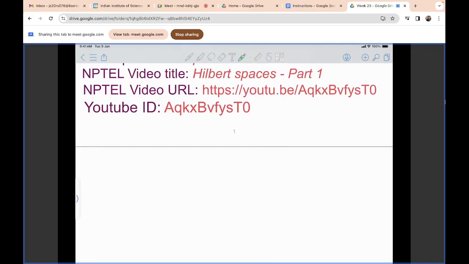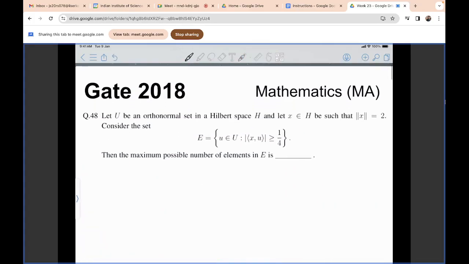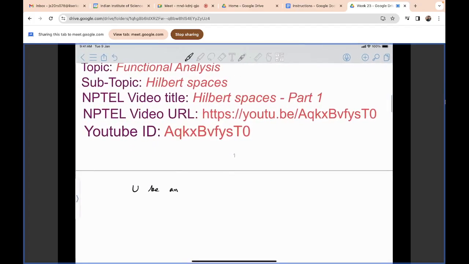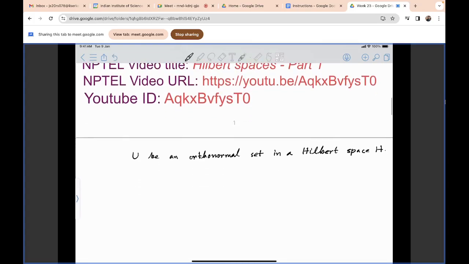So what is given? U is an orthonormal set in Hilbert space H, and for given x, let x belong to H, such that the norm of x equals 2 is given.